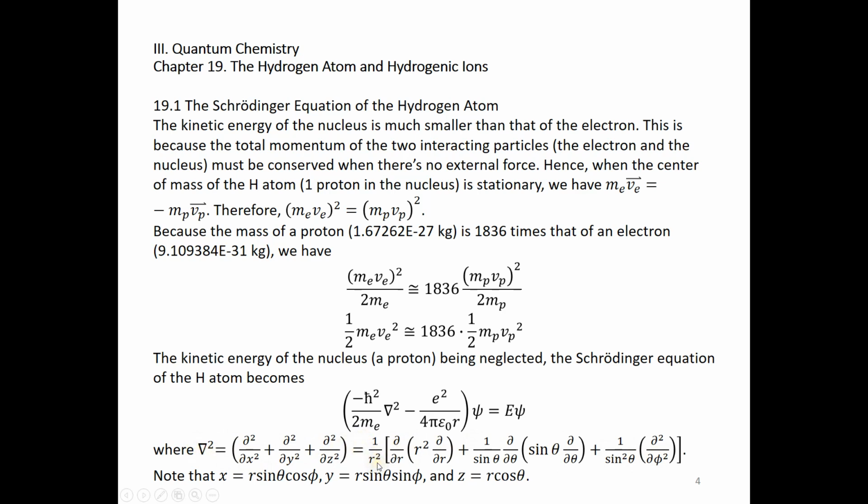It's 1 over r squared, and then delta over delta r of r squared delta over delta r, plus the second term, 1 over sine theta, delta over delta theta of sine theta times delta over delta theta, plus 1 over sine theta squared, delta squared over delta phi squared. The derivation from the Cartesian coordinates to the polar coordinates can be found in the appendix. x is r times sine theta times cosine phi. y is r times sine theta times sine phi. And z is r times cosine theta.